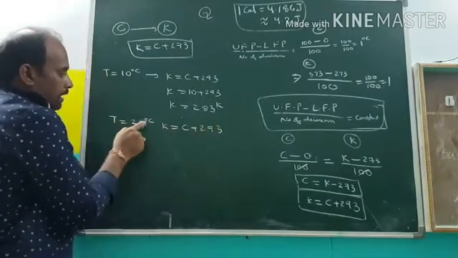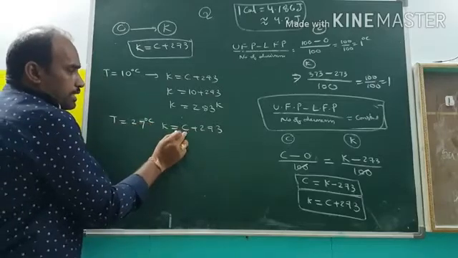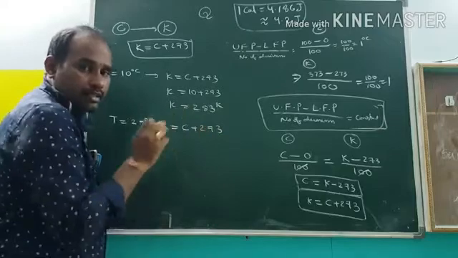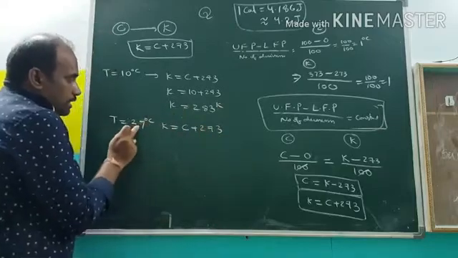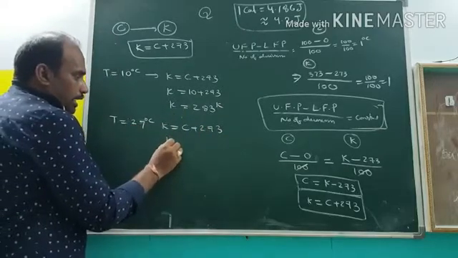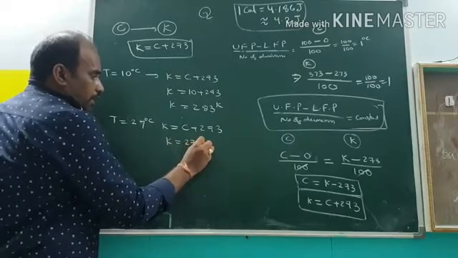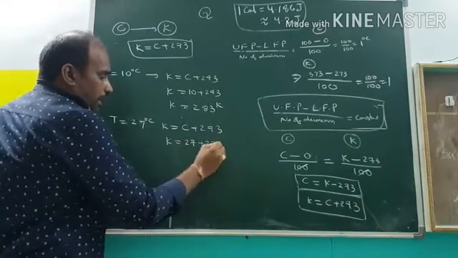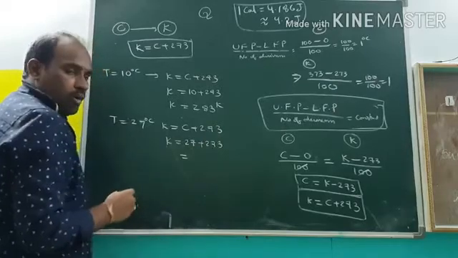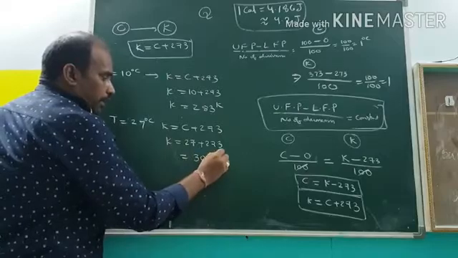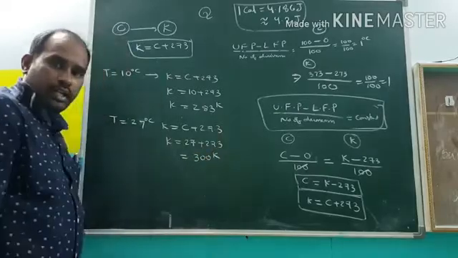C means the temperature in Celsius. So K is equal to 27 plus 273. How much do you get? 300 Kelvin. Are you clear?